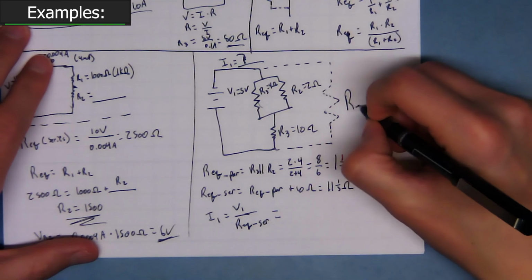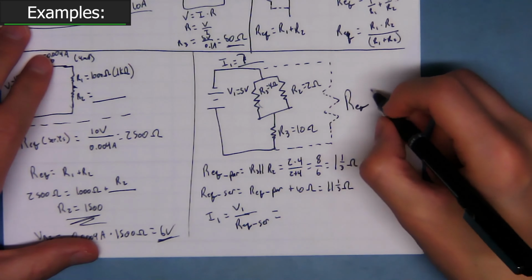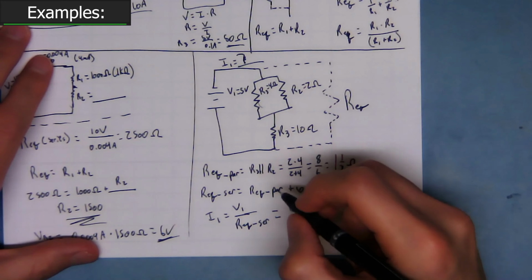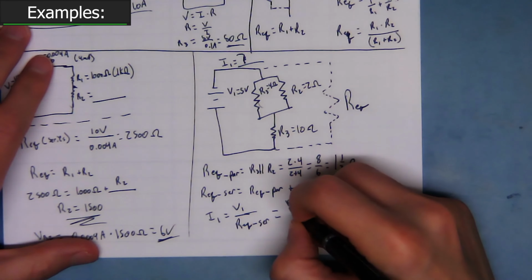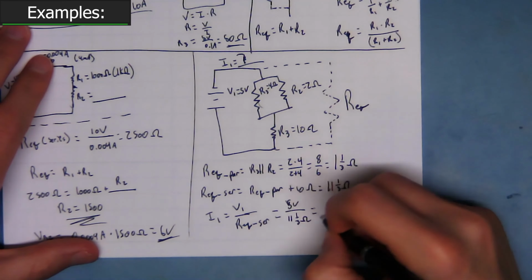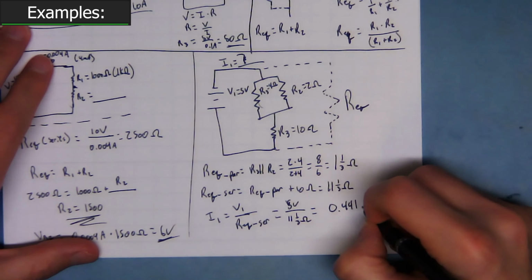And this is the big REQ that we just solved for. Okay? That's the 11 1/3 ohms. So now we know that's 5 volts divided by 11 1/3 ohms. 0.441 amps.